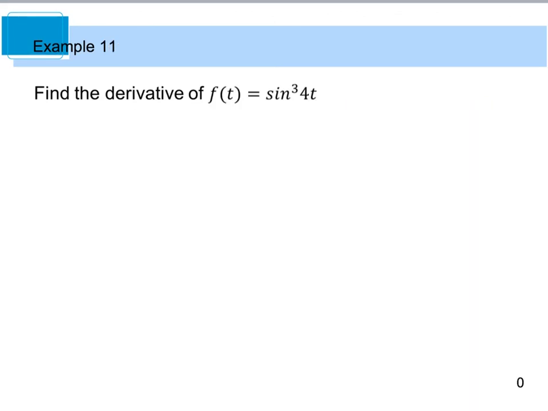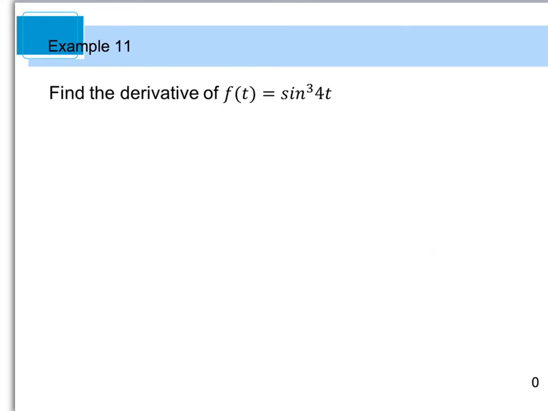And our last example is where we're going to have to apply the chain rule a couple times. So we have that our f function is equal to sine cubed of 4t. Now if we rewrite this, this is really equal to the sine of 4t, cubed.